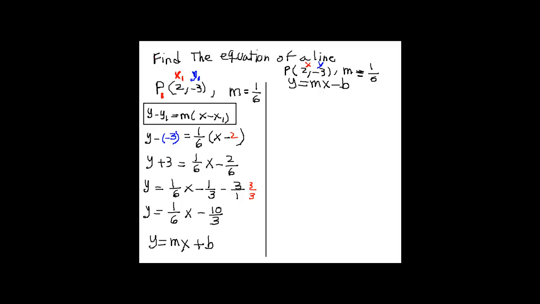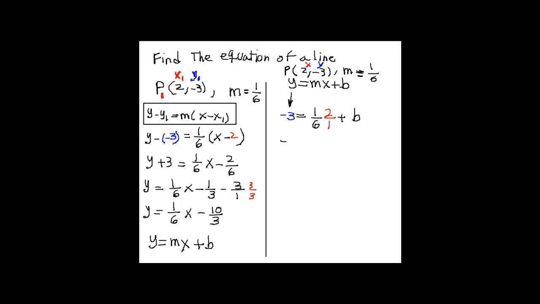So if I simply substitute for each y its corresponding value, which is -3, and for each m I substitute 1/6, and for each x I substitute 2, I can very quickly solve for b, since y is equal to mx plus b. So let's do that.